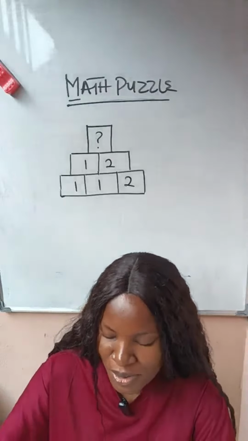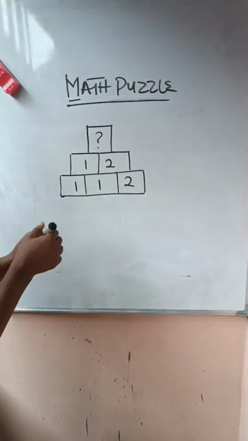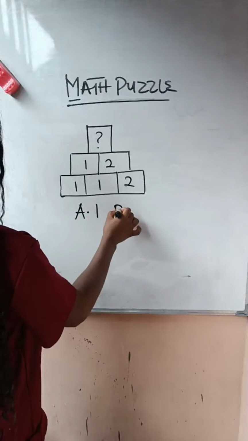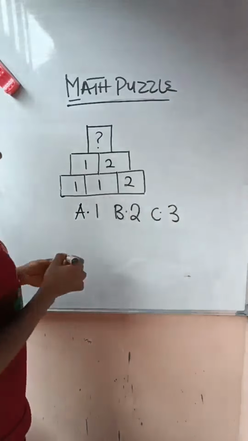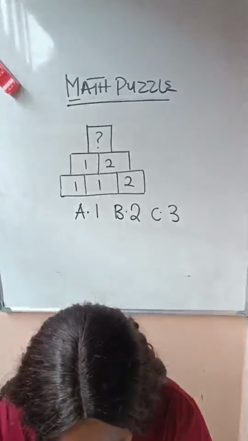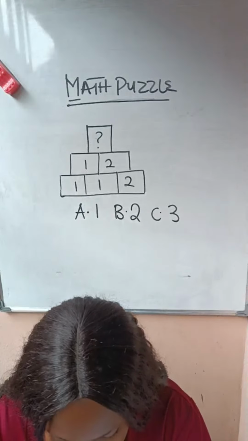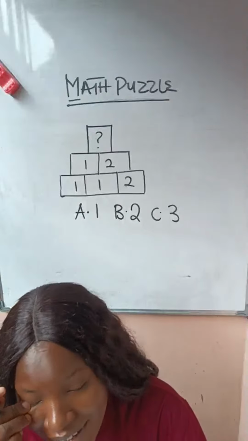So maybe I should just drop the options. I have three solutions now from different persons. So let me drop them as options. Option A is 1. Option B is 2. Option C is 3. So which one do you want to go for? This puzzle is hard.